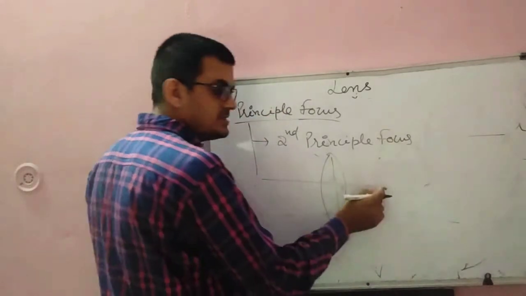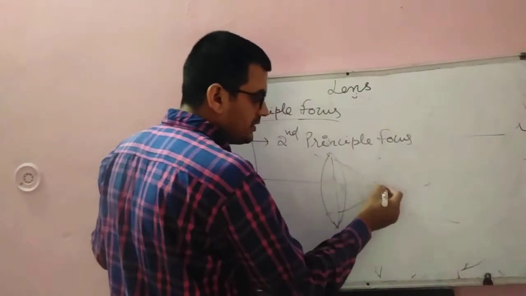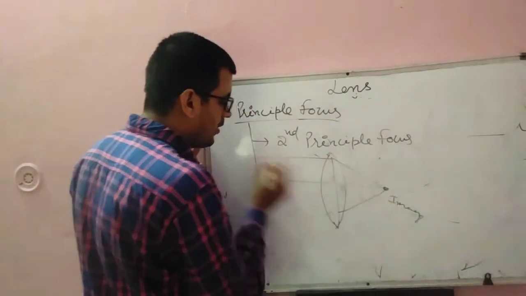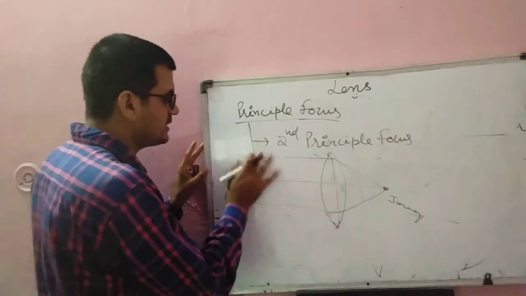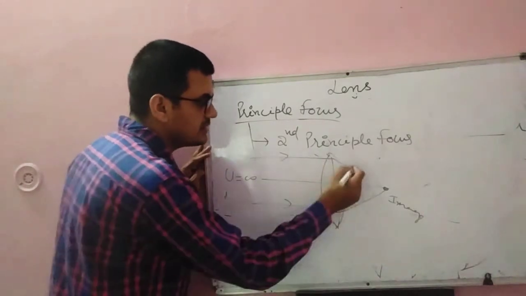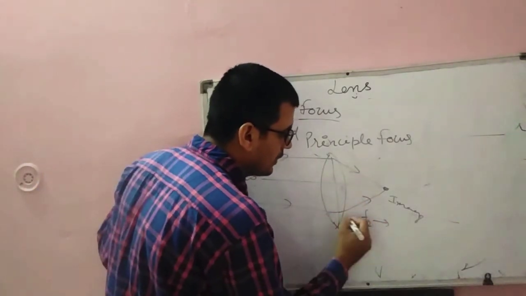Position of image on principal axis. Here this is the image. So the object is placed at infinity. This is called second principal focus, F2.